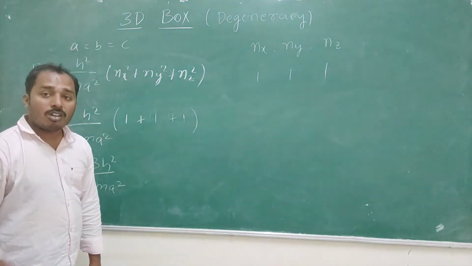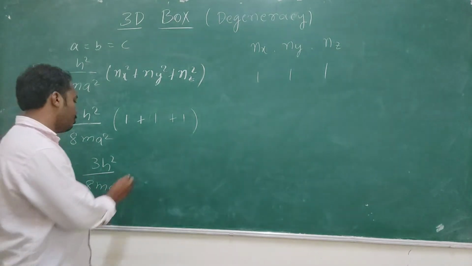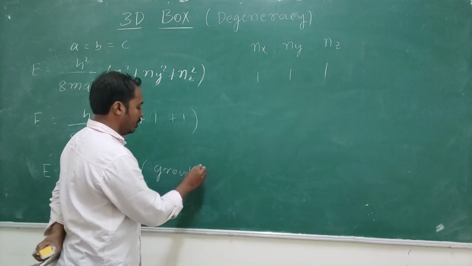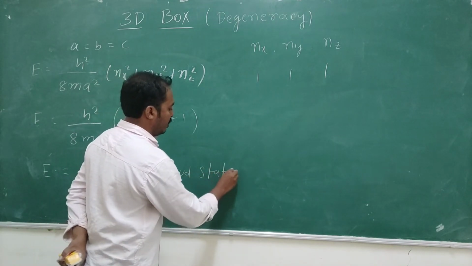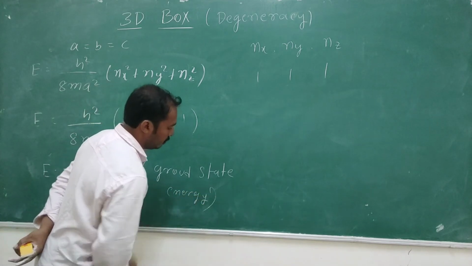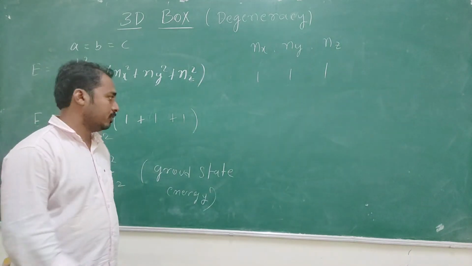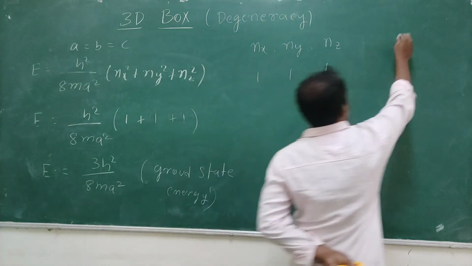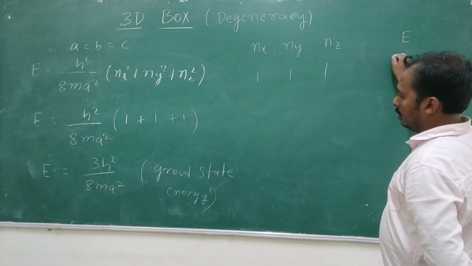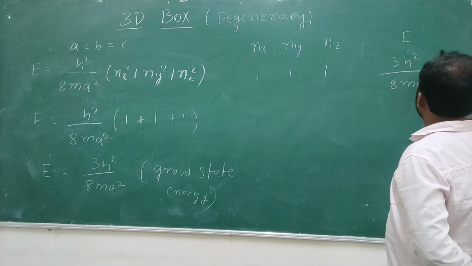This is the ground state energy of the particle inside the three-dimensional box.